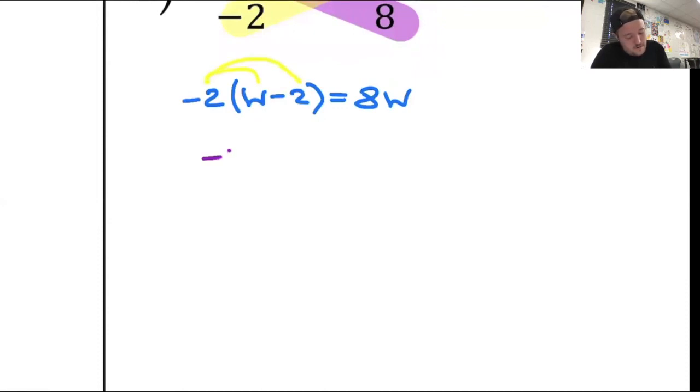So you're going to have -2w plus 4 equals 8w. Now, here we have the variable on both sides. So remember, move the smallest variable. So between -2 and +8, which one's the smallest? -2. So because it's negative, remember we're doing inverse operations. So you're going to add it.